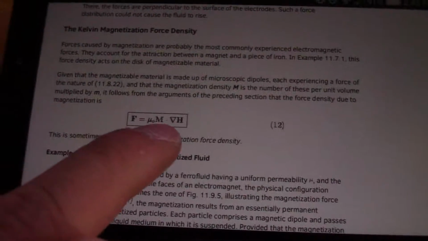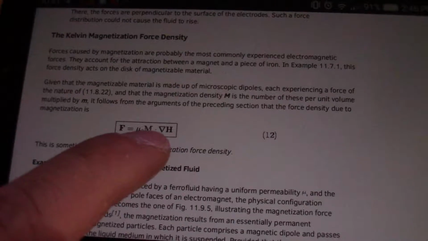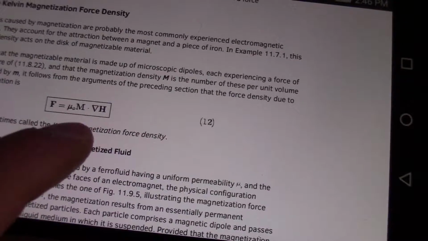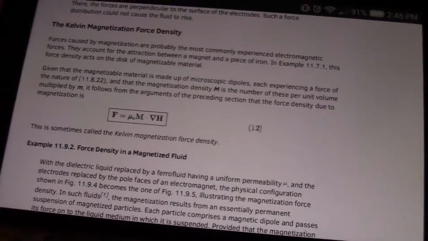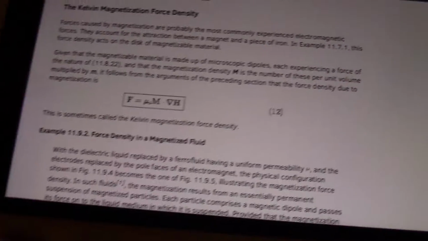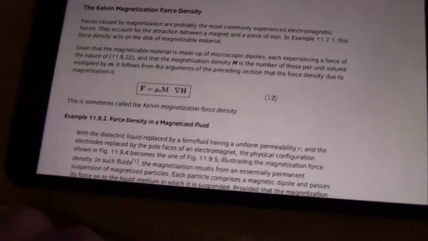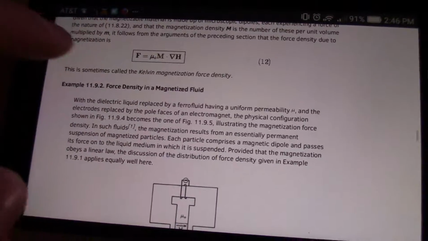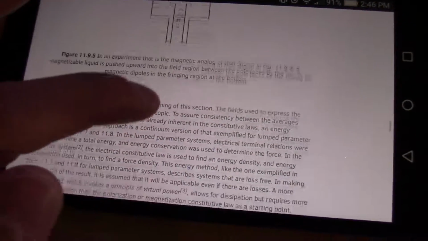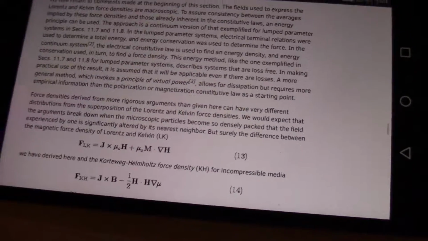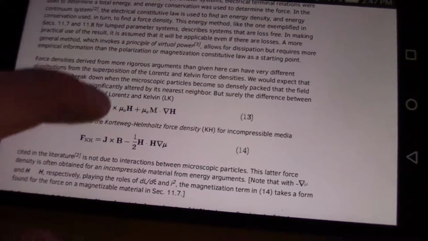He keeps the gradient on the H, at least as far as he describes the Kelvin force density. So apparently this is closer to the truth: it's the directional derivative of this product as a function of H. Very different than having the gradient outside the vectors and having the distributive property.